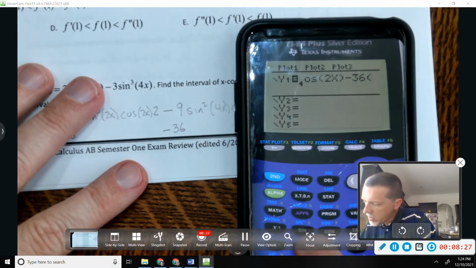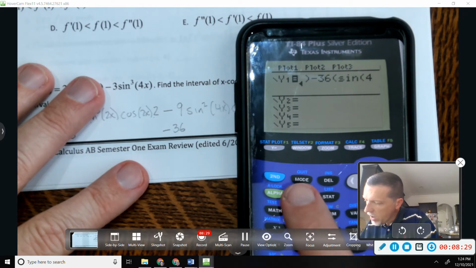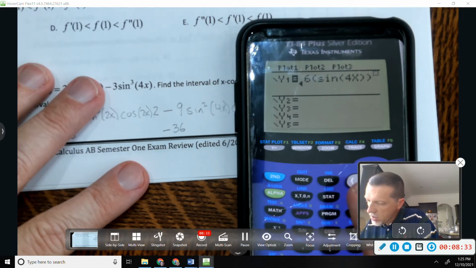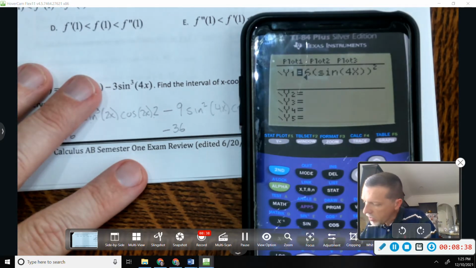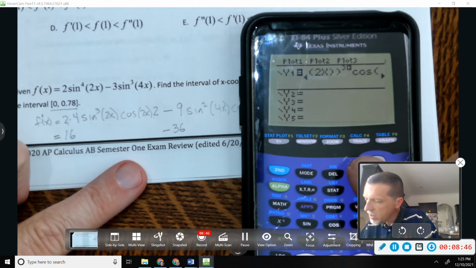Whoops. Sine 4x squared times cosine of 4x. Okay, what a mess. I'm just rechecking to make sure I have this in there correctly. I think I do.